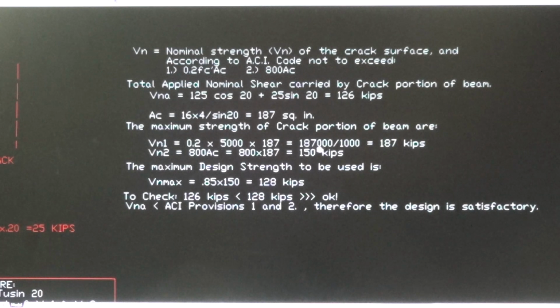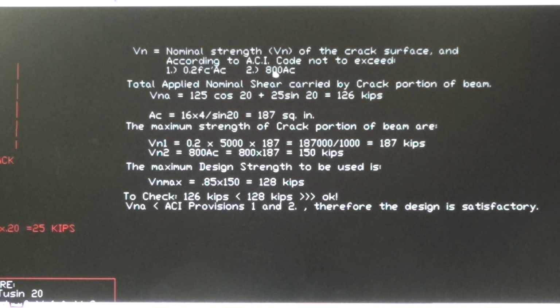To get the kips, you have to divide it by 1,000. That's why there's 1,000 here. Divided by 1,000, you get 187 kips. That is criteria number 1, the design strength of the crack portion of the beam.